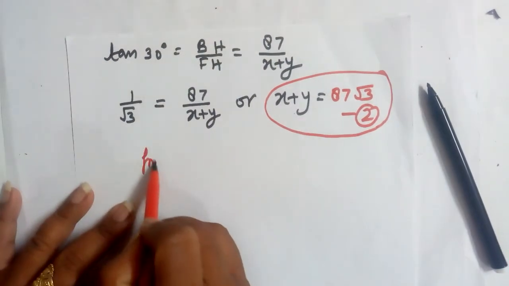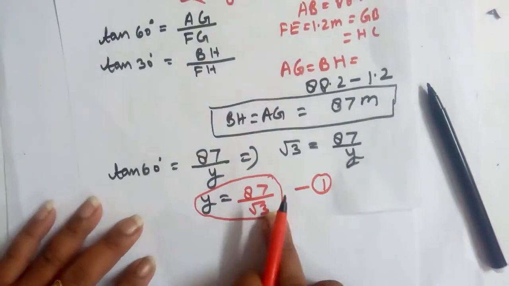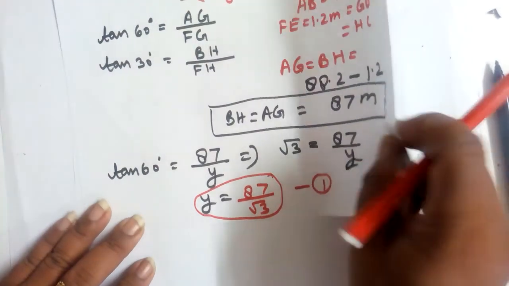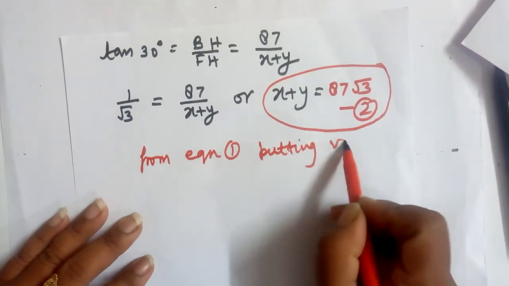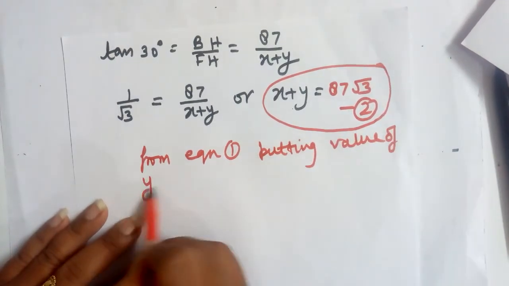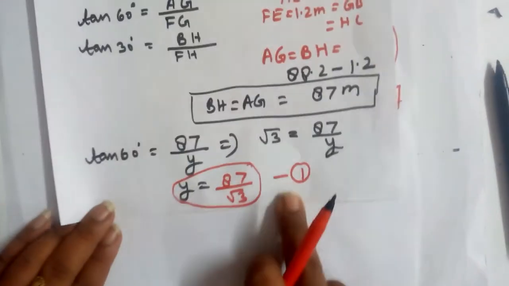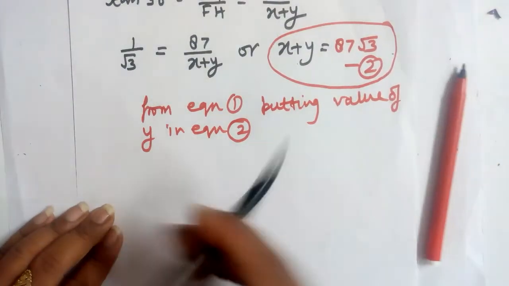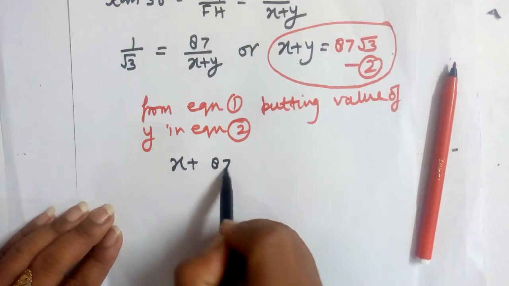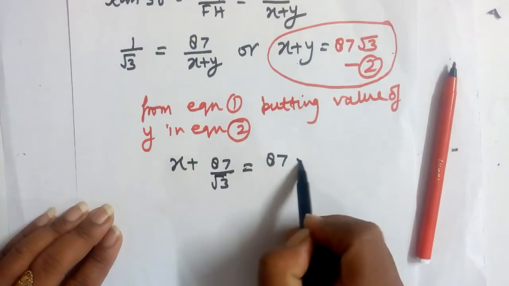From equation 1, Y is equal to 87 upon root 3, putting the value of Y in equation 2. Now what is the value of Y? That is 87 upon root 3. So X plus 87 upon root 3 is equal to 87 root 3.